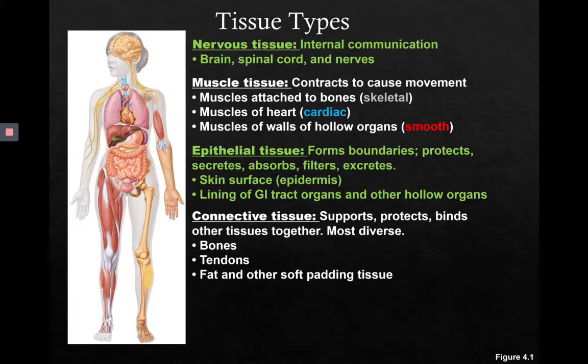So the biggest organ in the human body is the integument, which you may call your skin, but only really the surface of your skin is made up of epithelial tissue. But the biggest category and the most abundant tissue type in the human body is connective tissue. So I'll say it again. The most abundant tissue type in the human body is connective tissue.